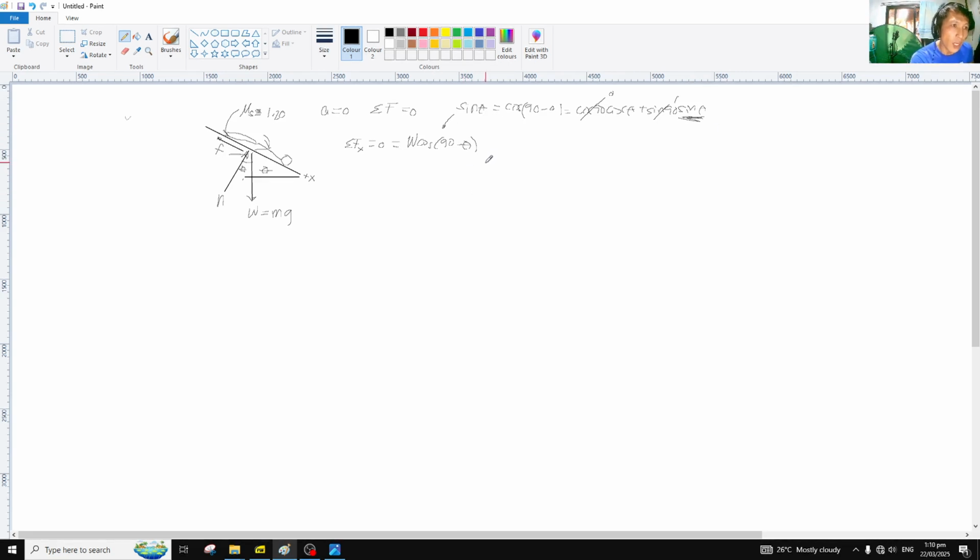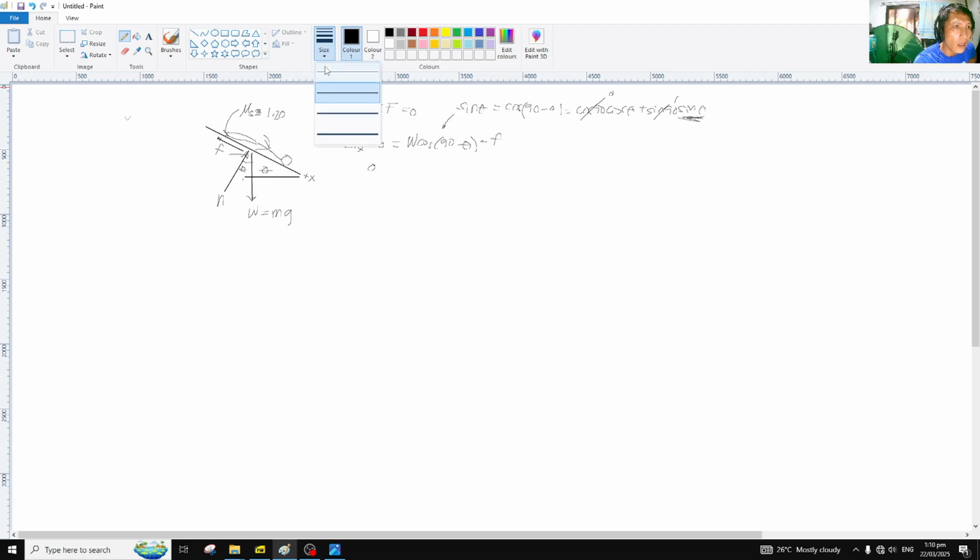Okay? We can change that one to sine theta. W cosine 90 degrees minus theta, or W sine theta. And then what is going to the left is of course your frictional force F. Your frictional force and your N are somewhat connected. Maybe we can simplify this more.